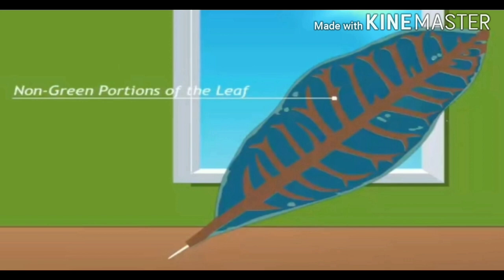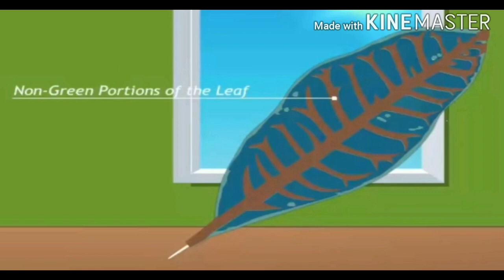Now dip the leaf in a dilute solution of iodine for a few minutes. Take out the leaf, rinse off the iodine and observe the color of the leaf. You can find that the leaf has two patches, bluish black and pale colored. Compare it with the sketch drawn on white paper.